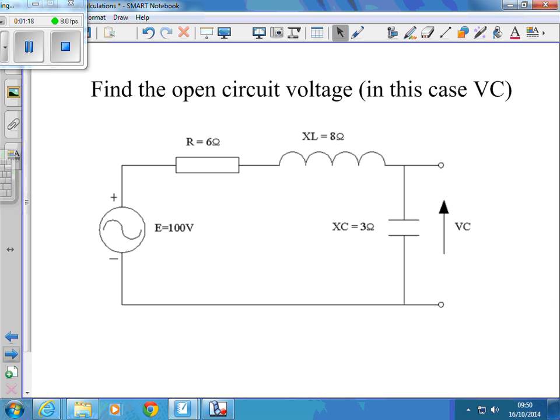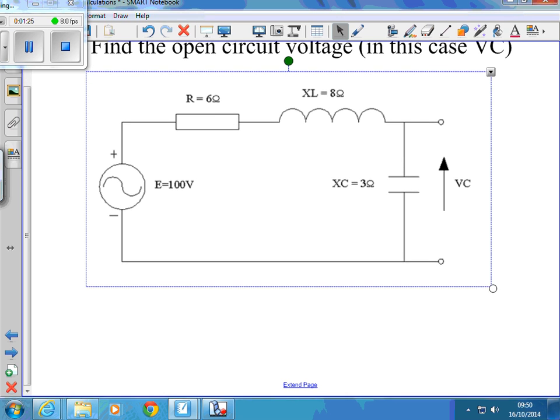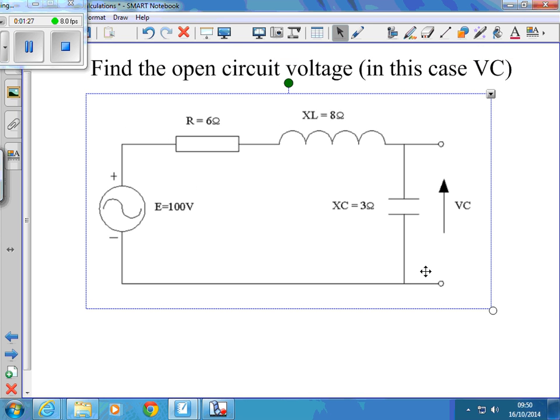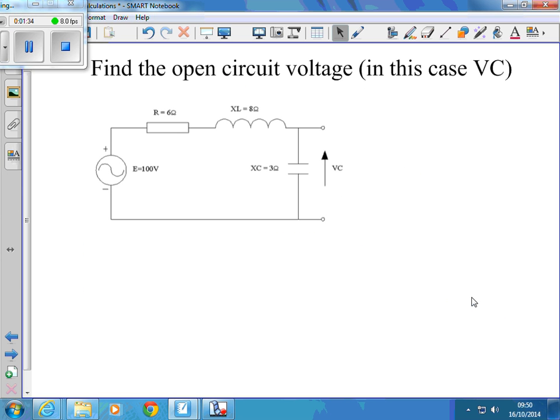We've always had this convention where we label those two terminals A and B, and this open circuit voltage here is the Thevenin voltage.